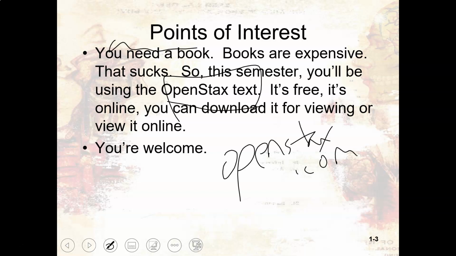So if there's something you need to go back and re-reference, you look it up in the book if you have to. Or you can just ask or Google it like normal people. But it's a reference book. You're fine without the book. I promise. Nobody's asking you questions straight from the book. I'm not asking you questions straight from the book. I don't require you to read the text. That's a waste of our time. So we're cool.